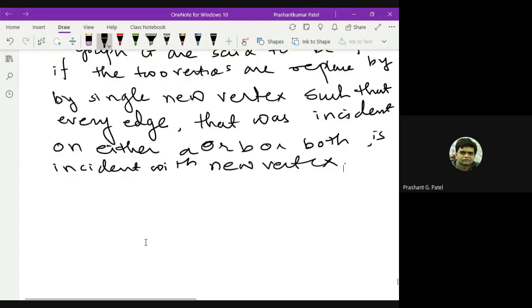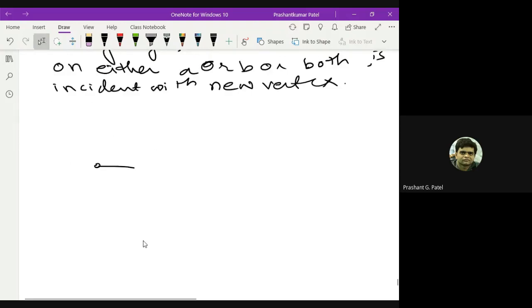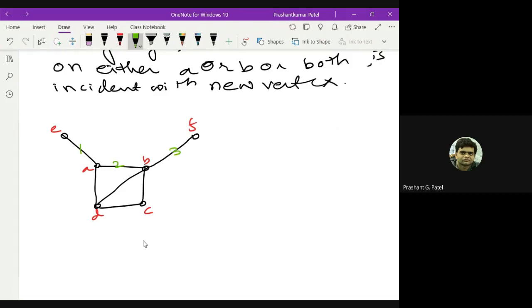For example, let us have this graph. Let's say this is the graph, and in this graph I denote the vertices as A, B, C, D, E, F, and the edges as 1, 2, 3, 4, 5, 6, and 7.